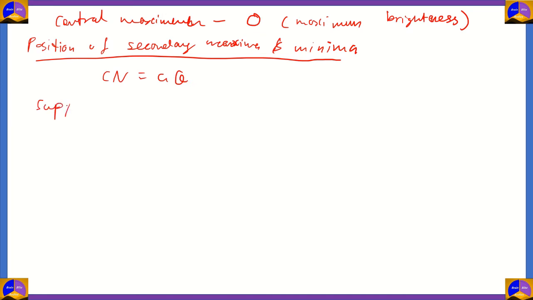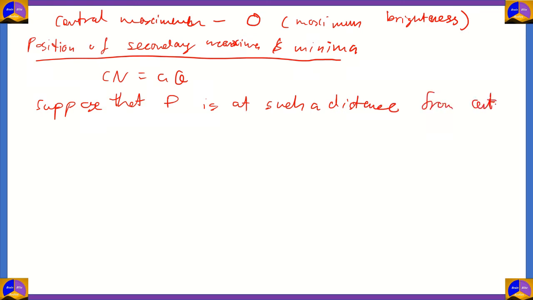Now let's suppose that P is at such a distance from the center such that CN can be written as equal to the wavelength, that is lambda.